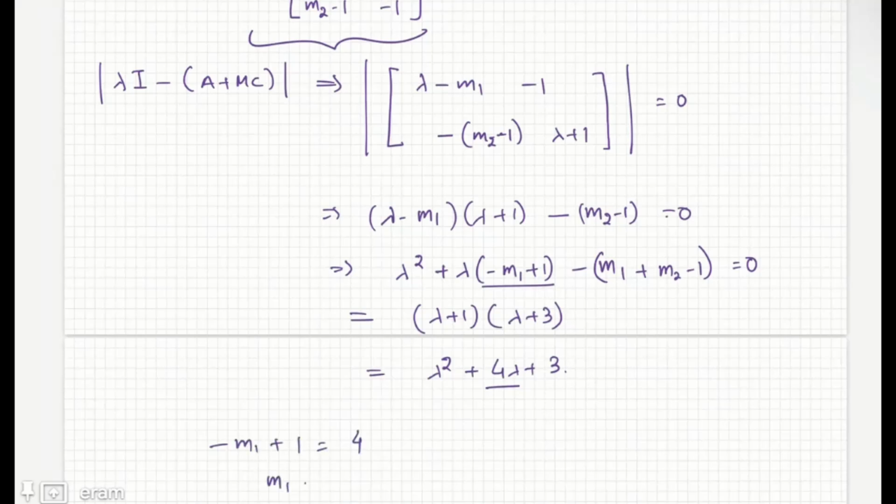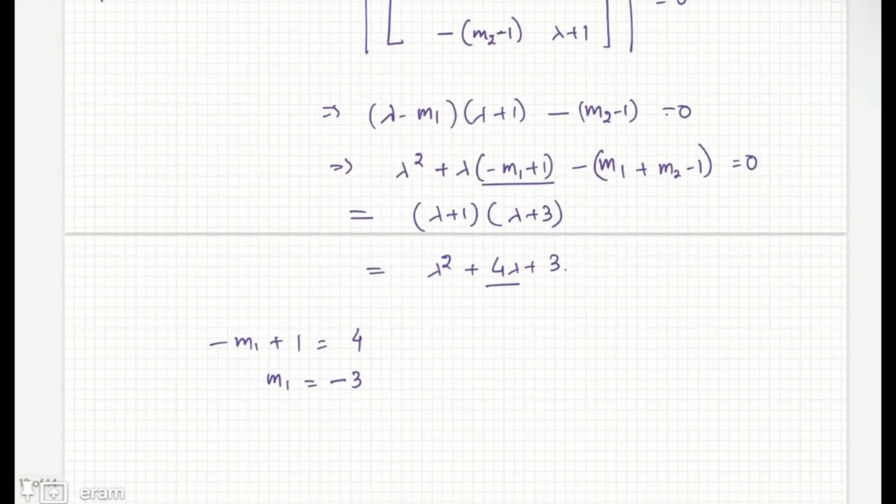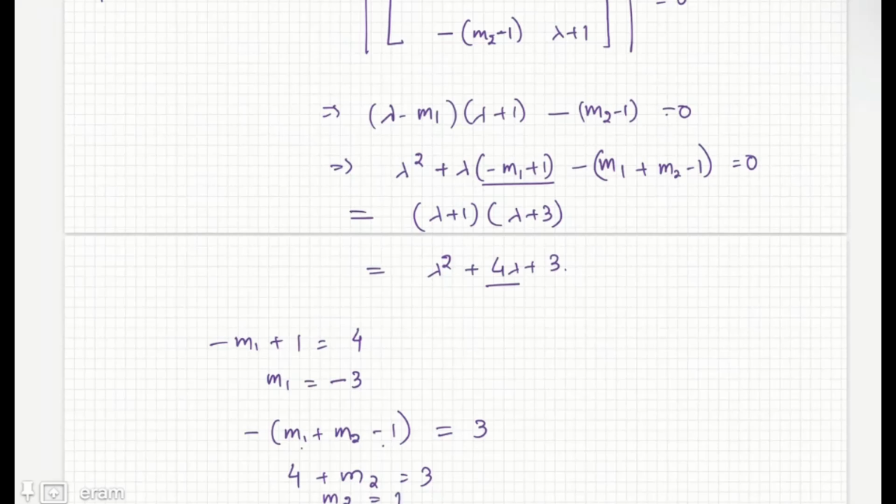So m1 should be equal to minus 3, and this constant term should be equal to 3. So now m1 is already minus 3, so it is minus 3 minus 1, minus 4, and 4 plus m2 equals 3, so m2 equals 1.